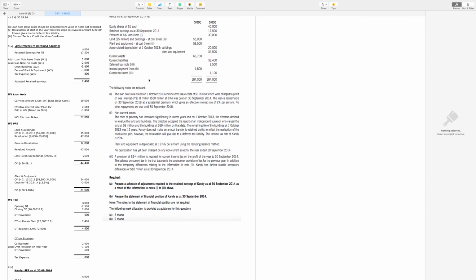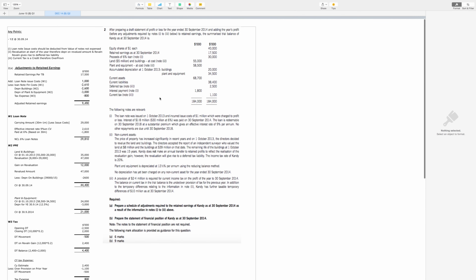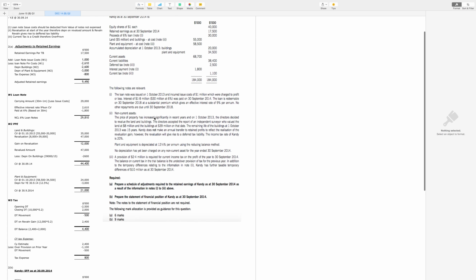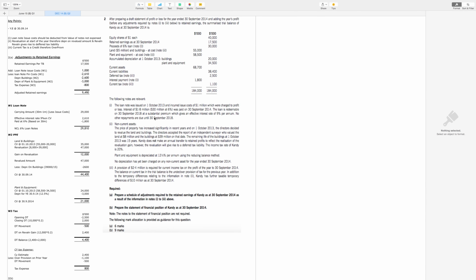So the first adjustment is about a loan note that was issued on the 1st of October 2013. So if we look through, it's issued beginning of the year, so we don't have anything to do with mid-year in terms of unwinding of financial costs. And then we're told interest of 1.8 million was paid on the 30th of September 2014.